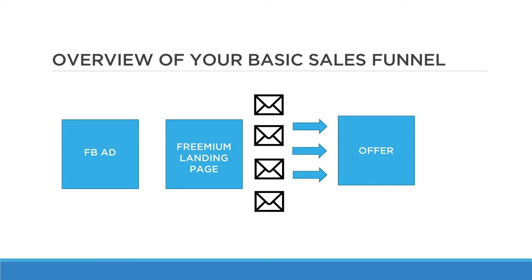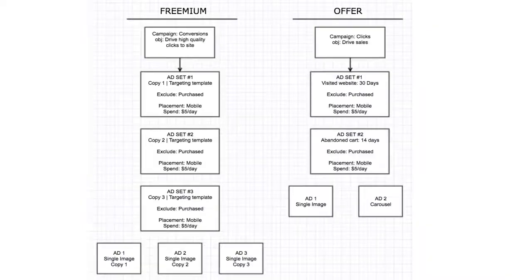Now there are opportunities within this sales funnel to actually retarget people who have opted in for our freemium landing page with our offer. So we're going to be 1, setting up our freemium landing page, and 2, we're going to be retargeting the people who haven't bought our offer yet and moving them from Facebook to actually purchase from us. Okay. And so the way that looks is going to be like this.